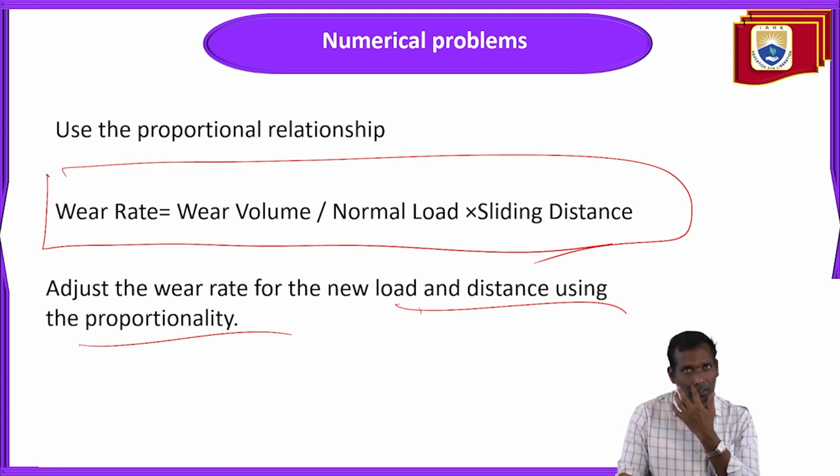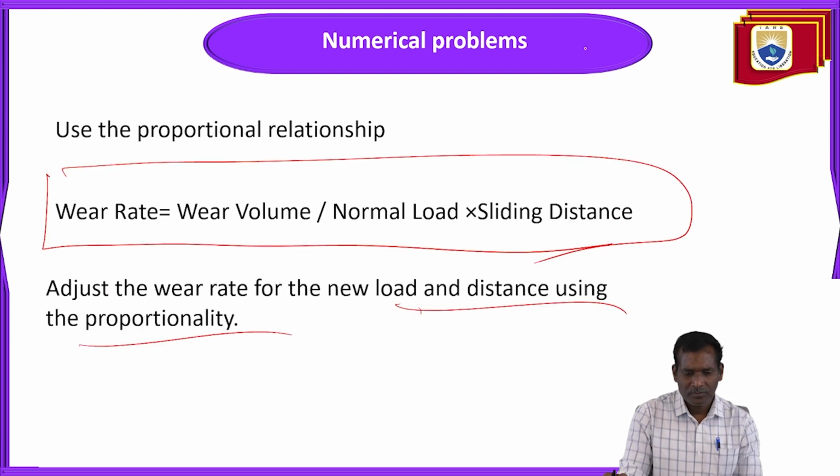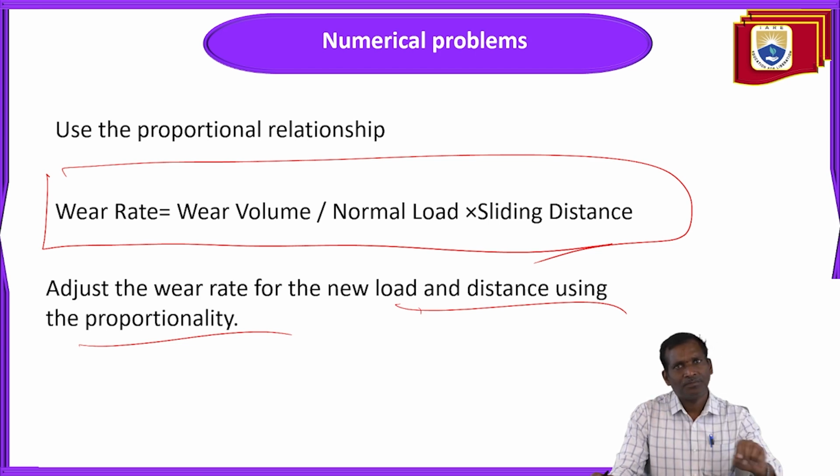So the wear rate is wear volume upon normal load into sliding distance. By using this relationship, you can calculate the wear rate using this Peters law. So how do you calculate? Wear volume upon normal load multiplied with sliding distance.